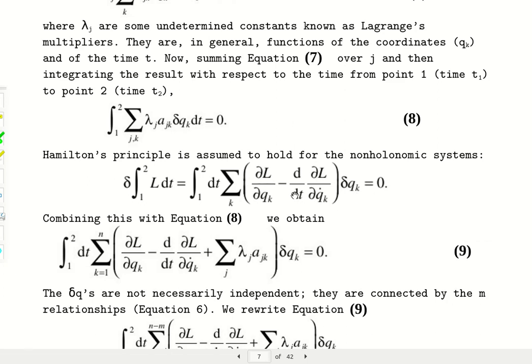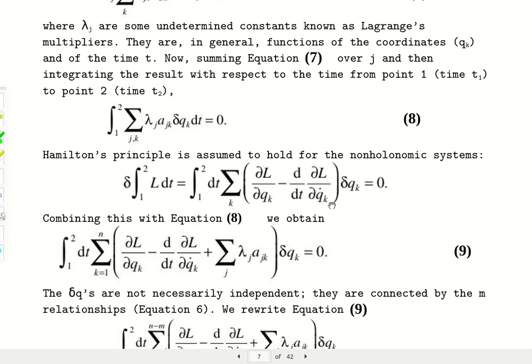It is proved in our previous classes, so you can consult any standard textbook on Hamilton's principle. You can see the article called Lagrange's equation of motion from Hamilton's principle. You can see this step. There are so many steps in between, so I am not doing them here.